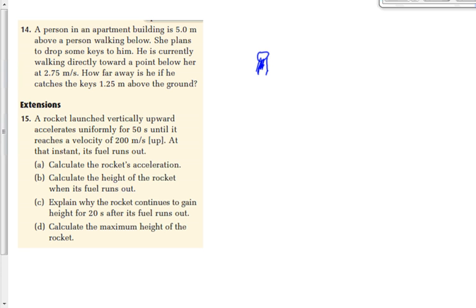And it's off in the distance, so you can't see it very well, okay? It's 5 meters above the ground, but the guy who's catching it, his hand is 1.25 meters above the ground.